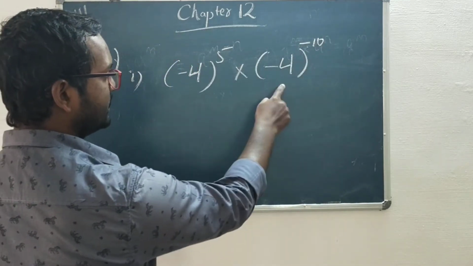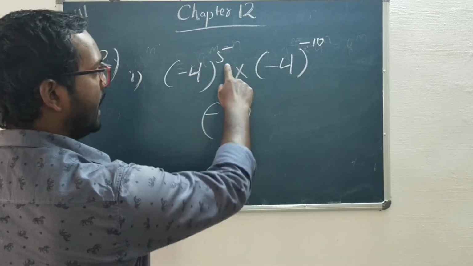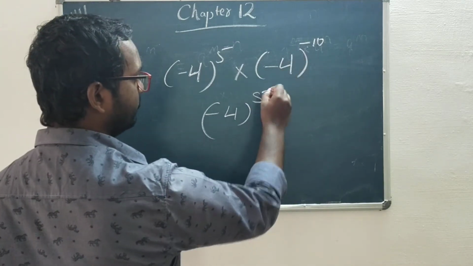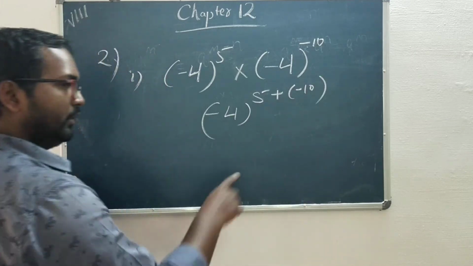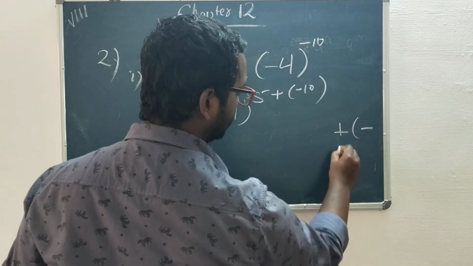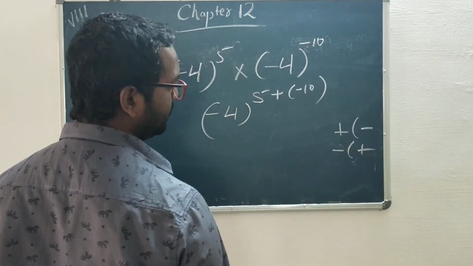Because the base is same, here minus 4, here also minus 4. So first write minus 4, then add the power. So here 5 plus minus 10. When plus and minus come together like this, the answer is always going to be minus.